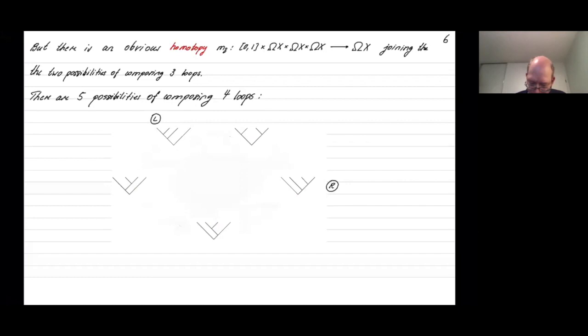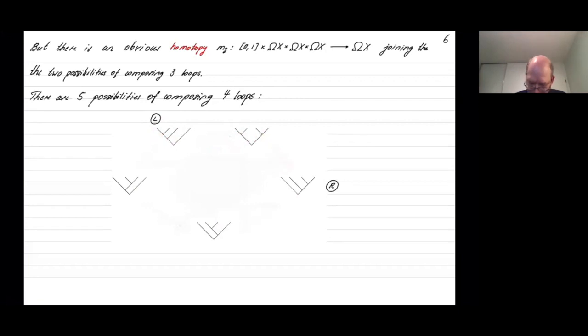And again, we can construct homotopies between these. If we focus on this subtree, then we can apply M1 and move this cutoff point along the circle. Then we get a homotopy between these two compositions, and here we can move the cutoff point corresponding to this branch, and we get a homotopy here.